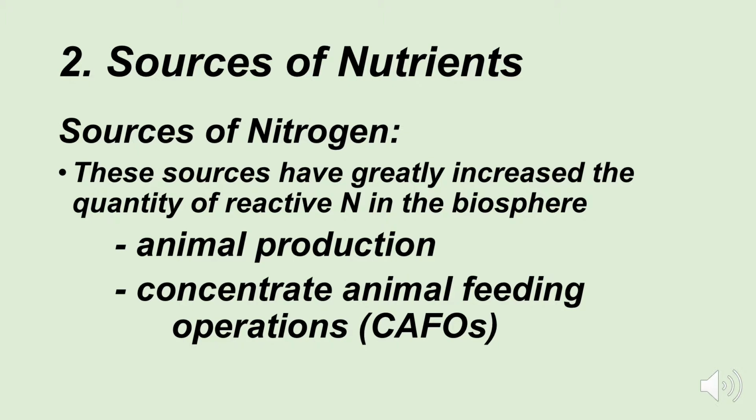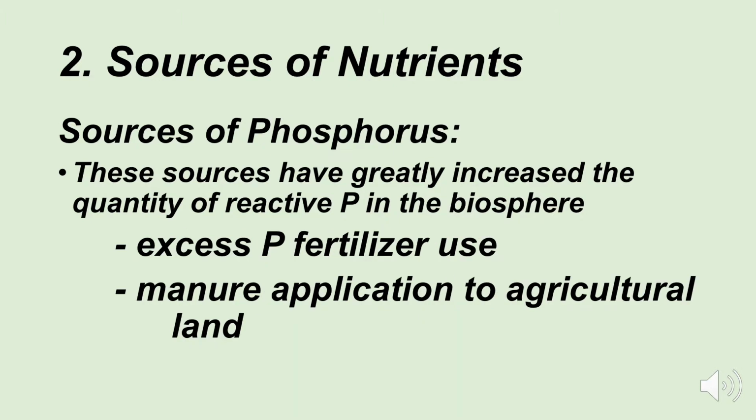So nitrogen is not the only source of nutrient pollution of waters. The other source is phosphorus. As with nitrogen, the sources and quantity of phosphorus that we see associated with human use of land has greatly increased, and as a result, greatly increased the amount of reactive phosphorus in the biosphere.